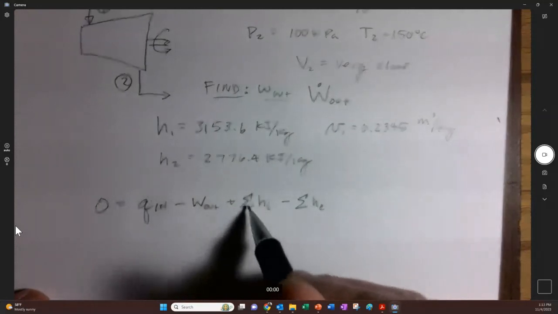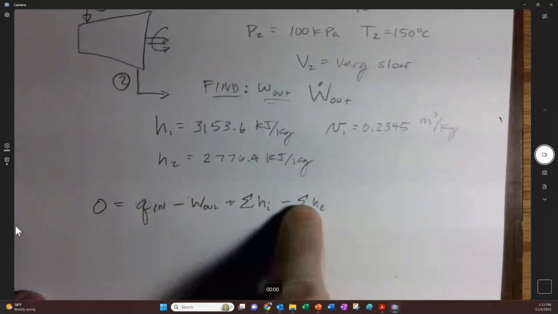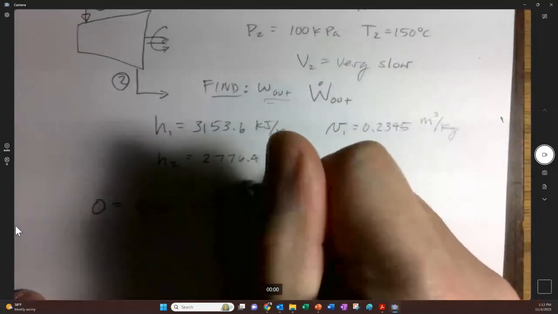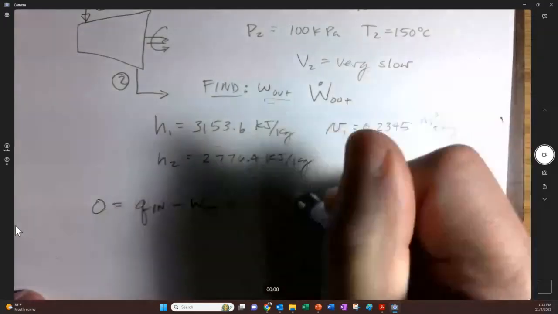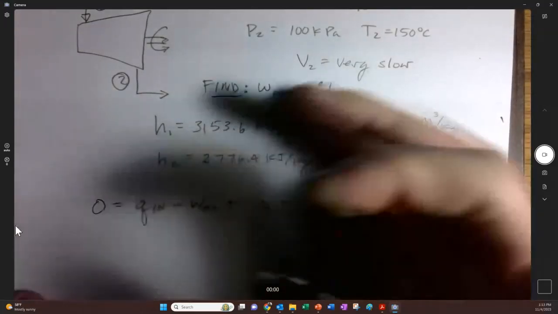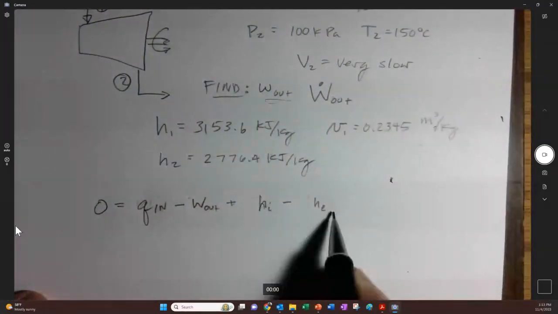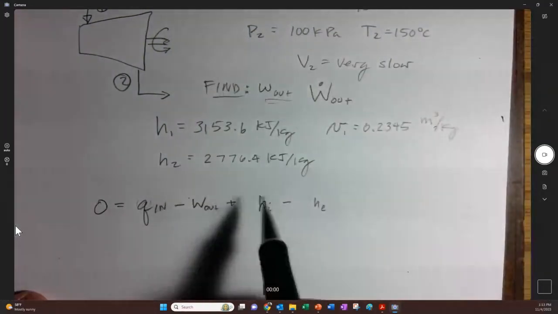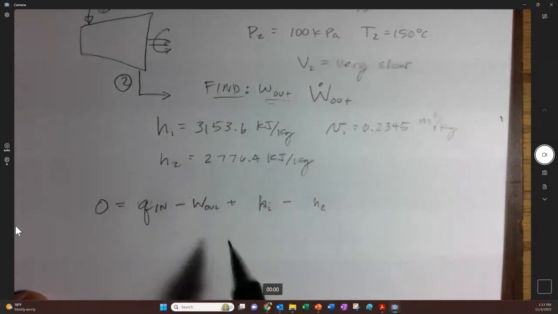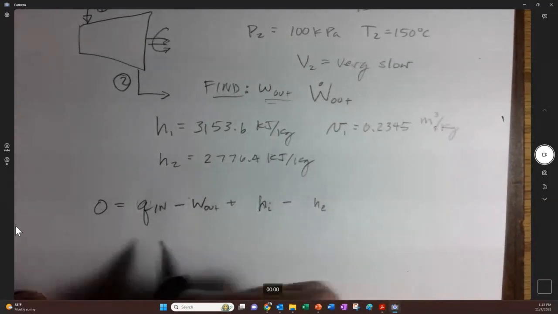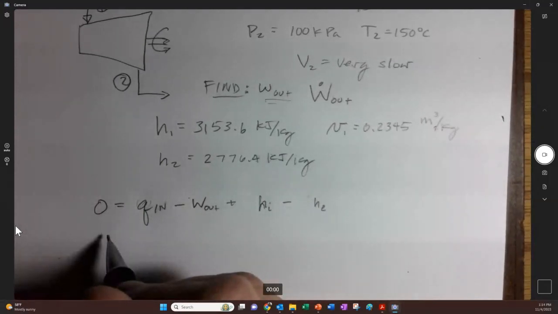I actually don't like the summations here, because we're doing this on a per mass basis, and so we can't separate things out. This will only really work for one in and one out, because the mass flows matter. So this would be the only version that you would use for this.